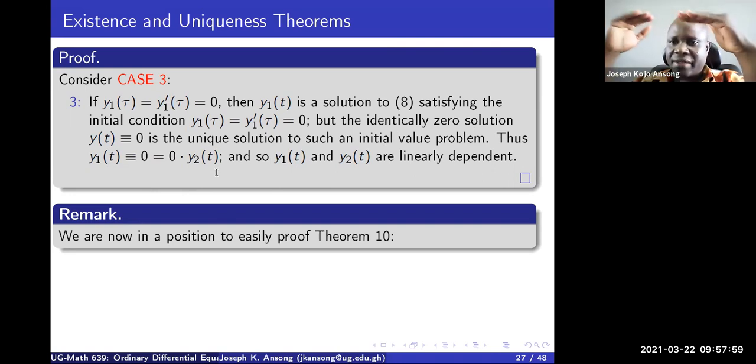So in all 3 cases, we have demonstrated that y1 and y2 are linearly dependent on each other. Therefore, if the Wronskian at a point tau is equal to 0, then the 2 solutions y1 and y2 are linearly dependent.